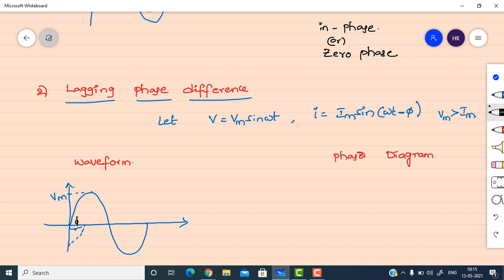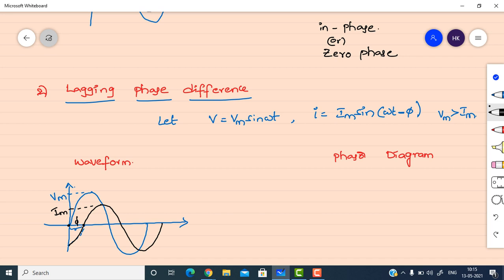So this is the phase angle difference between voltage and current. And this is Im. So it is clearly observed that this Im value is lesser than Vm, or Vm is greater than Im. And the phase angle difference between voltage waveform and current waveform is phi.